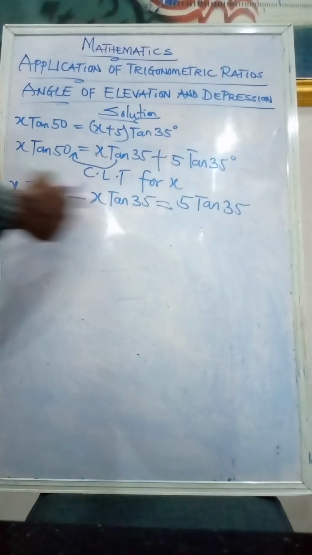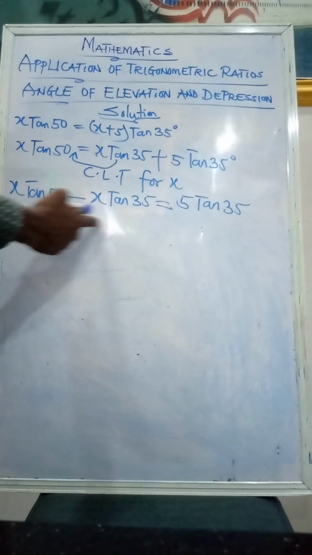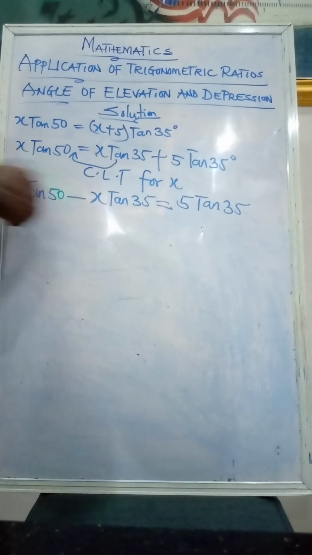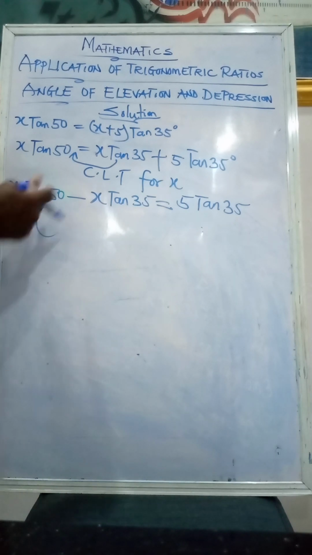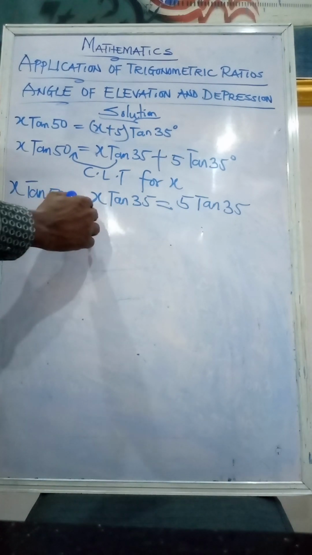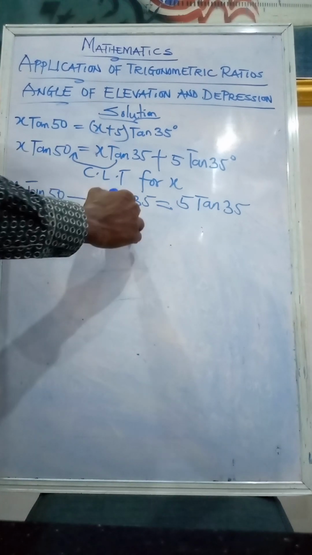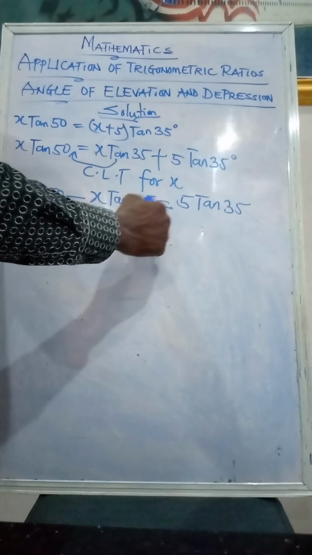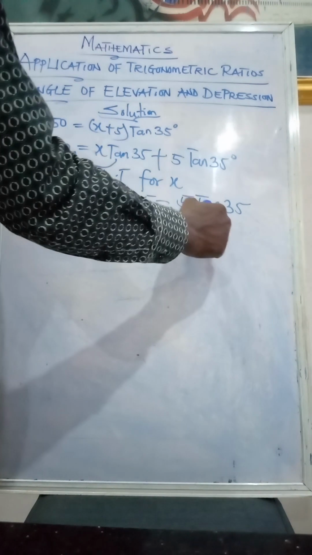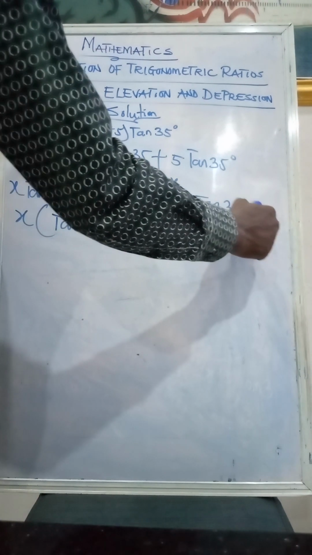So I can easily factorize X out. I'll bring X outside the bracket. If the X here is gone, I'll be left with tan 50 minus the X here is also outside, I'll be left with tan 35. So it equals 5 tan 35.